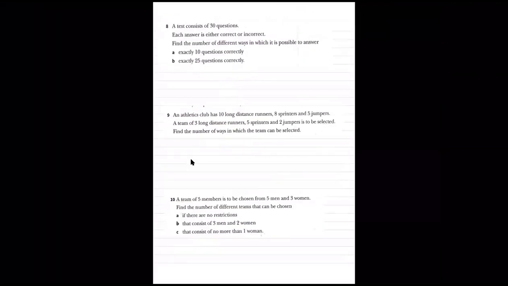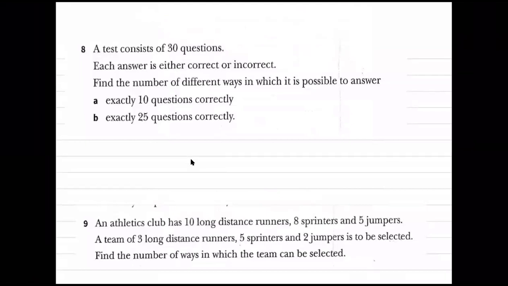All right. A test consists of 30 questions. Each answer is either correct or incorrect. Find the number of different ways in which it is possible to answer exactly 10 questions correctly.